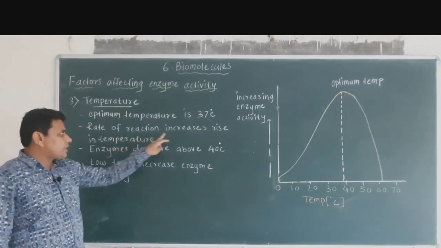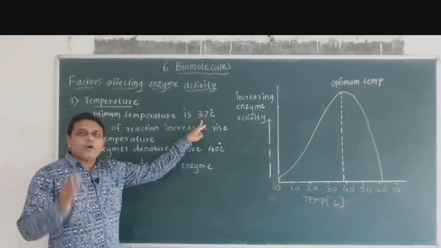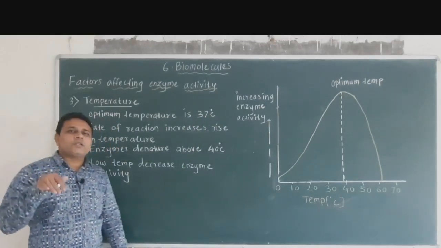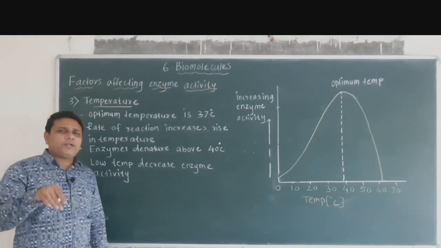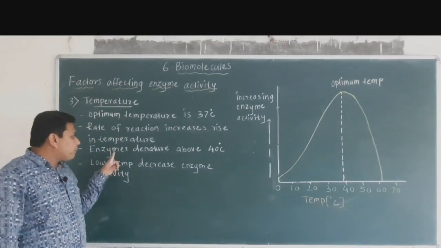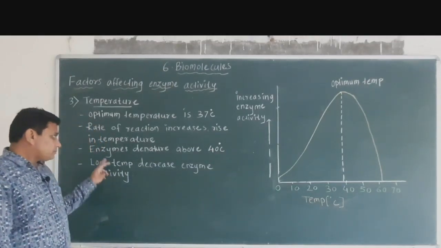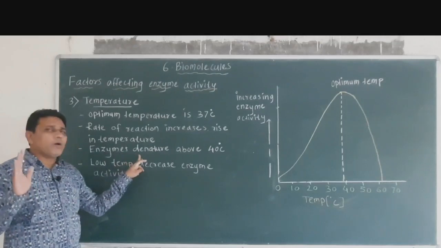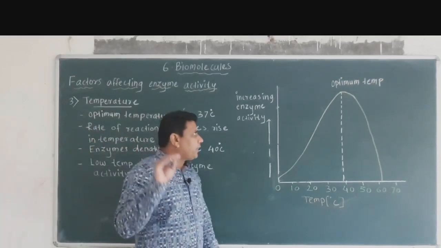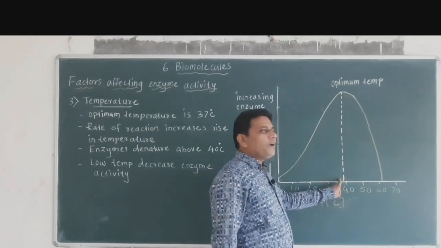Then rate of reaction increases as the temperature rises, but it will work only up to 37 degrees Celsius, and after 37 degrees Celsius the enzyme activity will slow down or decrease, and when the temperature rises above 40 degrees Celsius, then the enzymes will be destroyed or denatured and the enzyme activity will decrease or stop. So optimum temperature is 37 degrees Celsius.